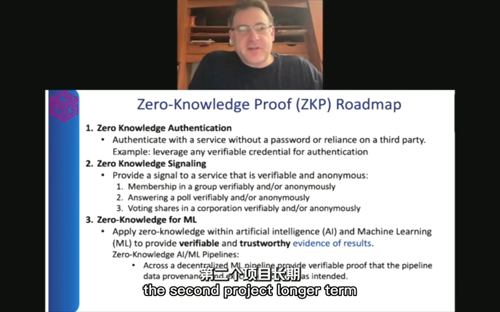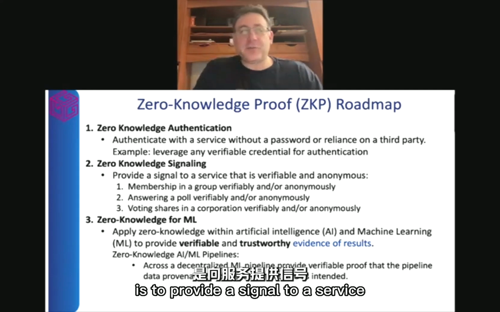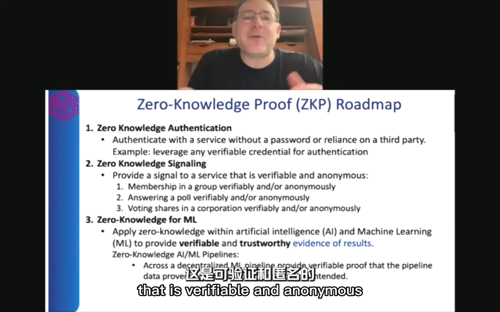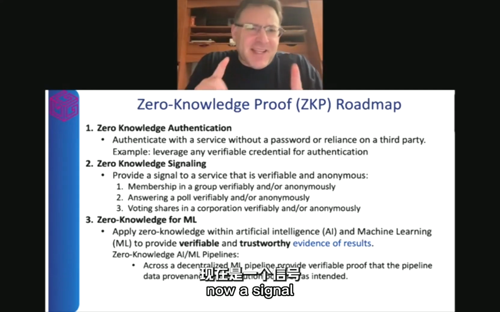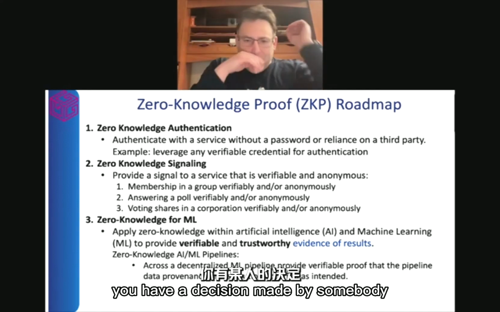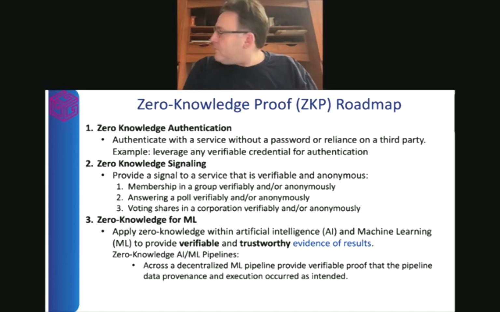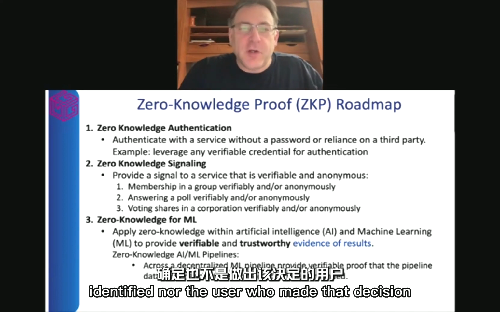The second project, longer term, is zero knowledge signaling. The idea is to provide a signal to a service that is verifiable and anonymous. Now, a signal is a way of saying that you have a decision made by somebody, but you don't want that decision to be identified, nor the user who made that decision.